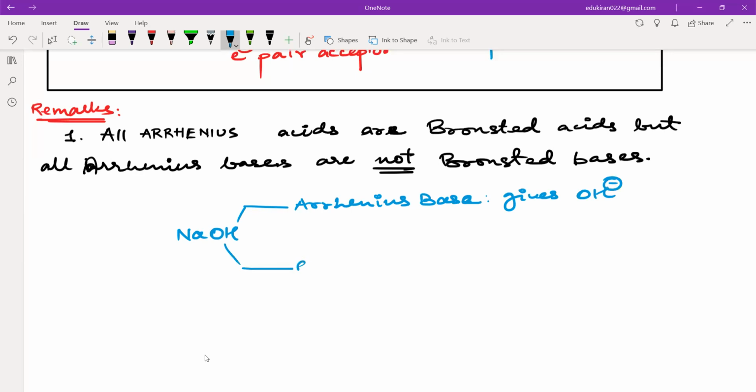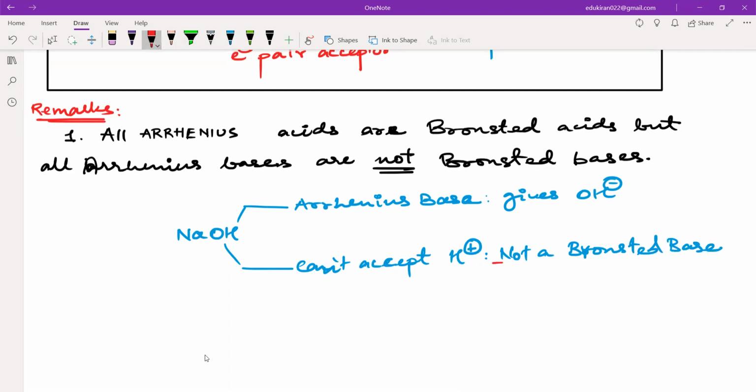But it can't accept H positive. NaOH does not accept H positive, and that is why it is not a Bronsted base. So all Arrhenius acids are Bronsted acids, but all Arrhenius bases are not Bronsted bases.